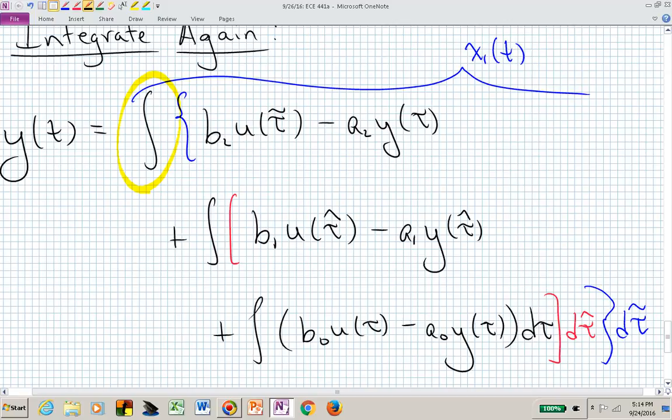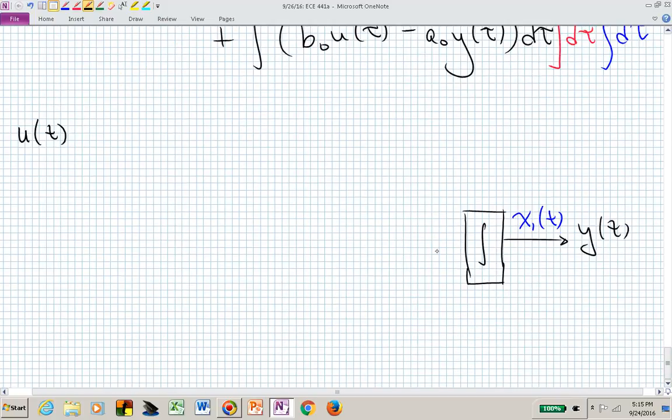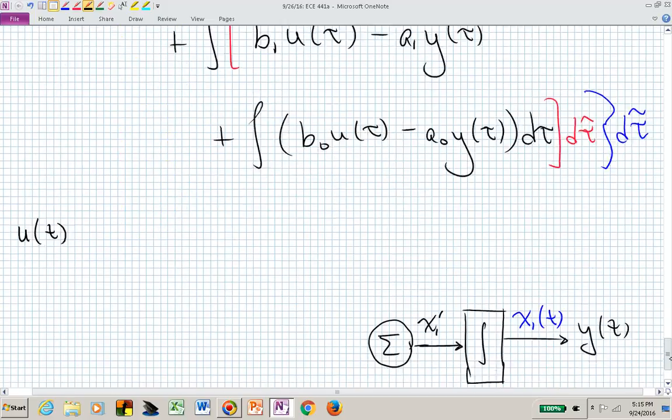And what's inside the curly brackets, if the output of that integrator is x1, hopefully it's clear that the input of that integrator must be the derivative of x1, meaning right here is x1 prime of t. And making up x1 prime of t, if you look at what we have, b sub 2 times u.